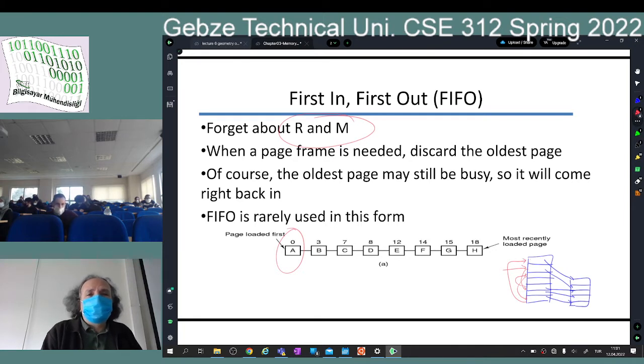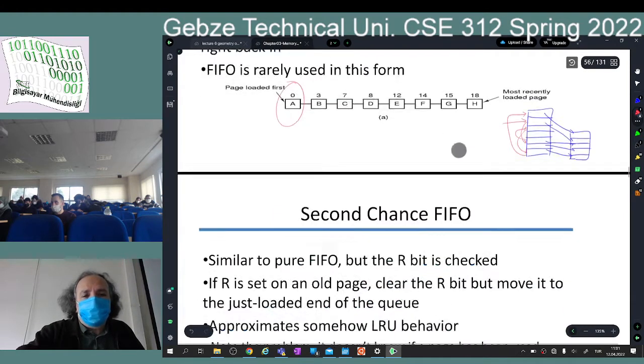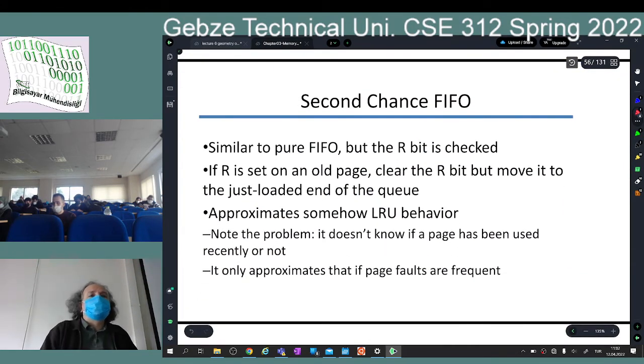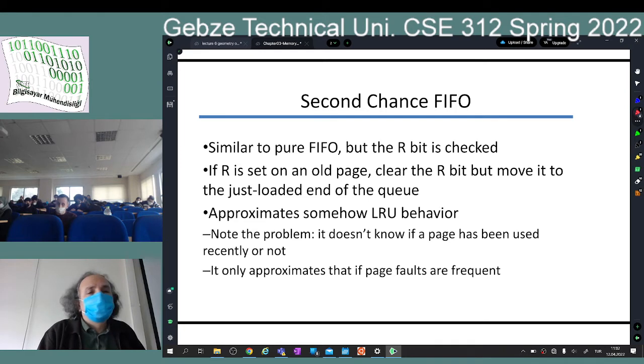That's why nobody uses FIFO like this. But the idea that it is so simple is something nice, and we are going to use this idea with a modified FIFO. It's called second chance FIFO. It's the same as FIFO, but now I will start using the R bit.